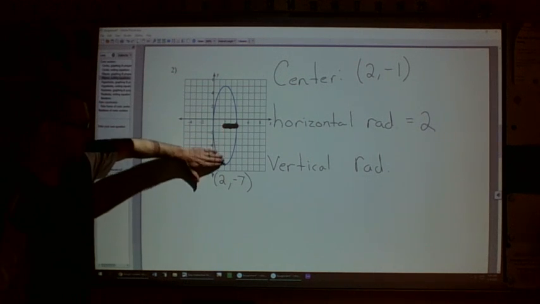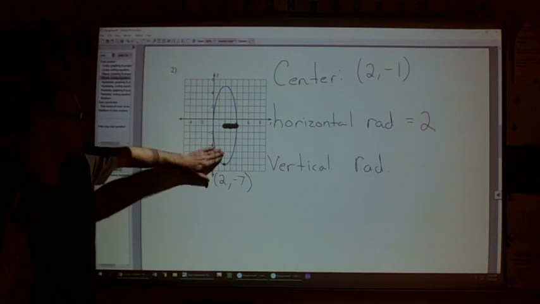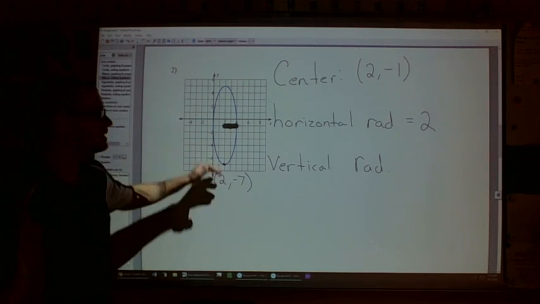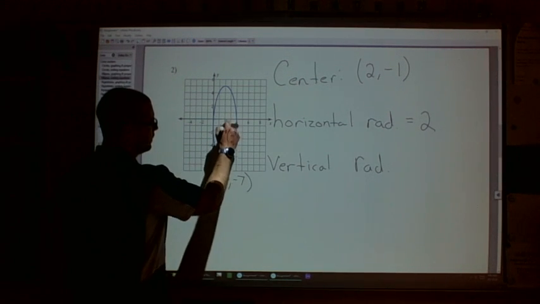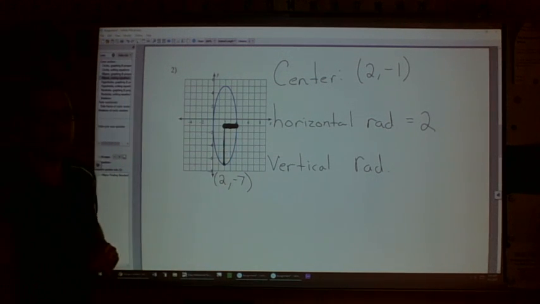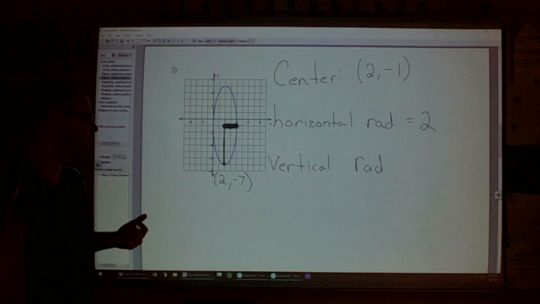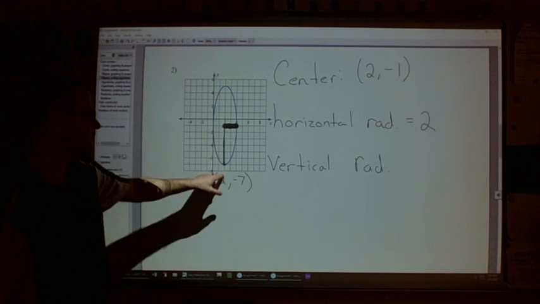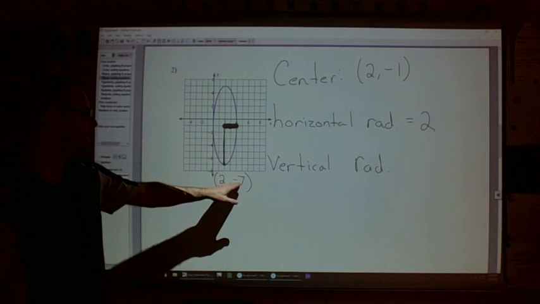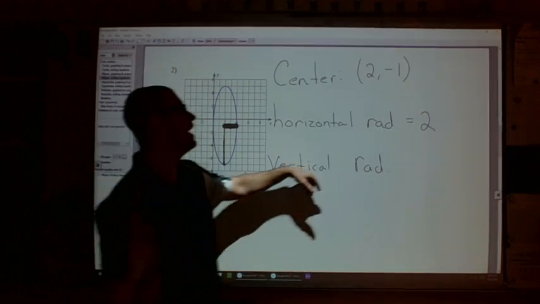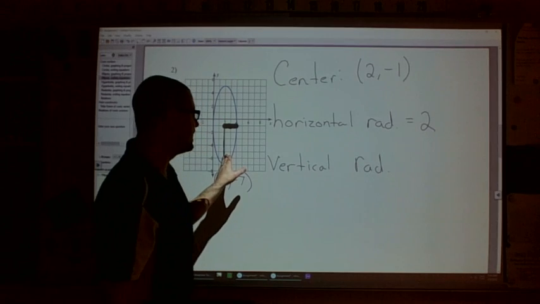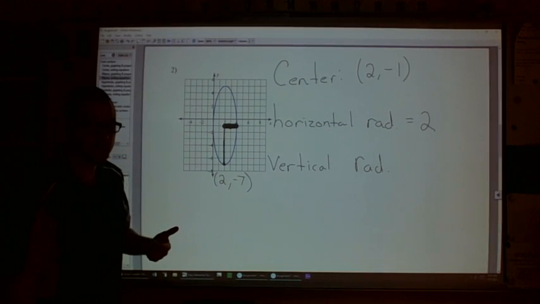I could, like I said, just count the scale. But if I don't have a scale or it's not easy and I know the ordered pair for that endpoint, I can just use subtraction to find that radius easily as well. Notice the horizontal value stayed the same because our radius is vertical. So we're just going to subtract -7 and -1. Since it's a radius, largest minus smallest is what we want.